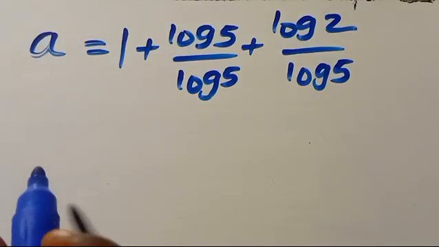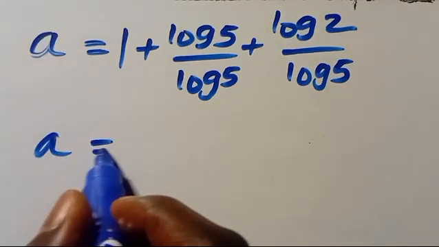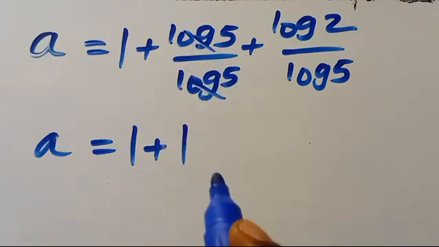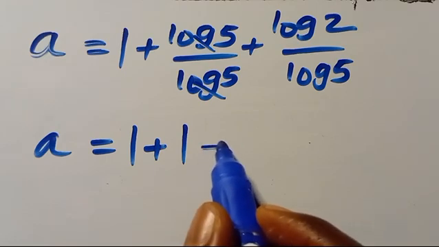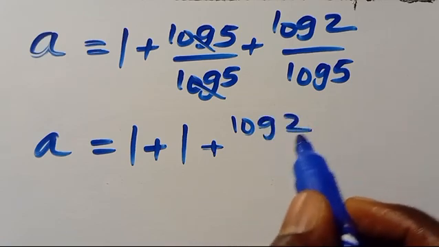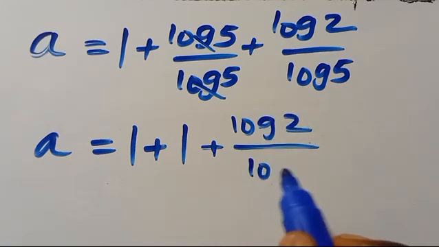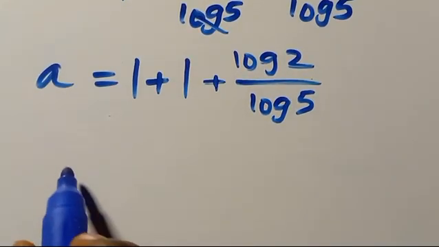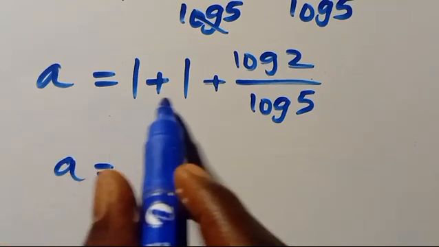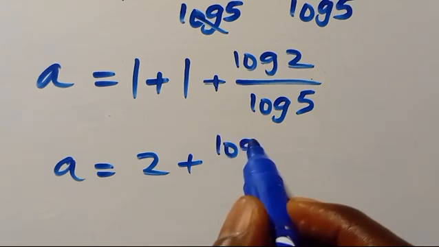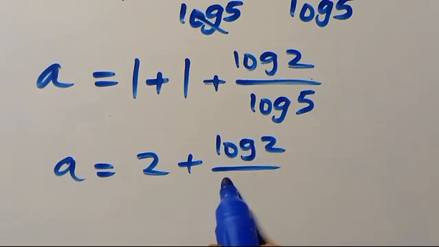So from here we have a equals 1, this cancels this, will be 1, plus log 2 over log 5. A will be 1 plus 1 will give us 2 plus log 2 over log 5.